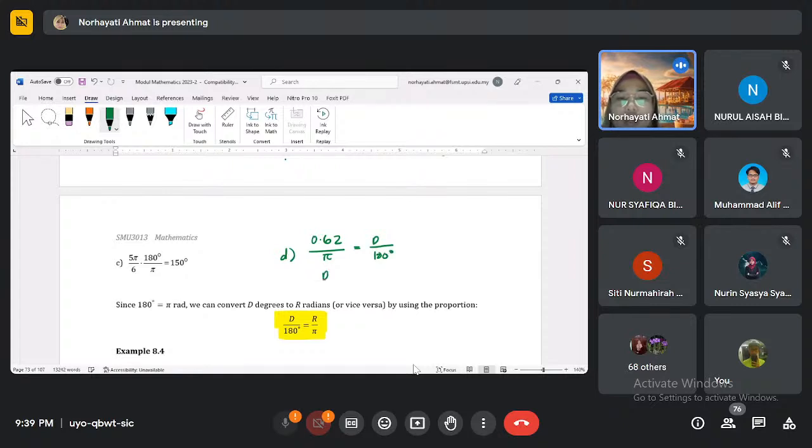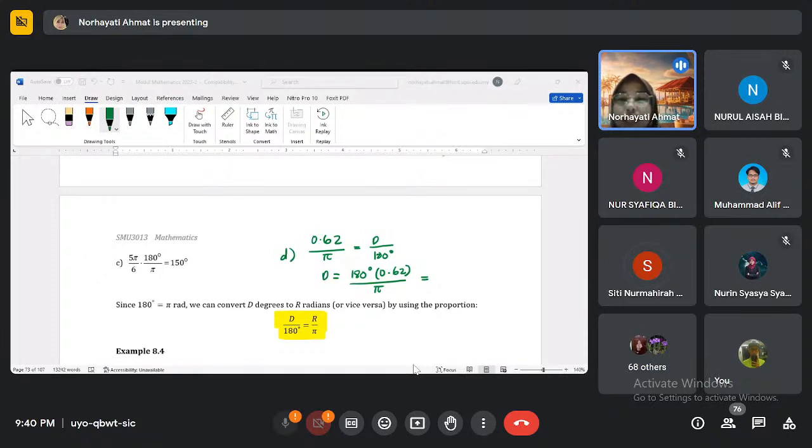Therefore D is equal to 180 degree times 0.62 divided by pi. Okay, so you akan dapat berapa? Cuba tekan calculator kelas. 35. Okay, dapat jawapan sama ke?